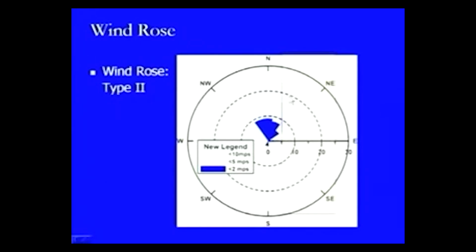Then we will have the cells, between these two lines and created by the concentric circles. Whatever the duration is, it will be written in that cell. So, if it is north northeast, then within this cell, between 10 and 20 kilometers per hour, whatever the duration was will be written here. Then whatever was the duration for 20 to 30 will be written here. That is how the total chart will be prepared.